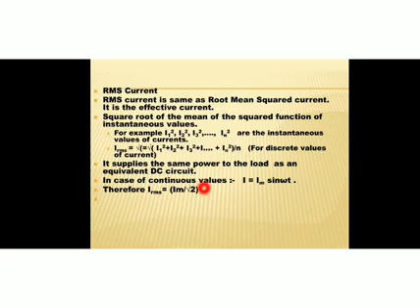For continuous values, Irms will be Im by root 2, as well as Vrms will be Vm by root 2. For discrete values, Irms will be the square root of (I1 square plus I2 square plus etc. plus IN square) by N, and Vrms will be the square root of (V1 square plus V2 square plus etc. plus VN square) by N.